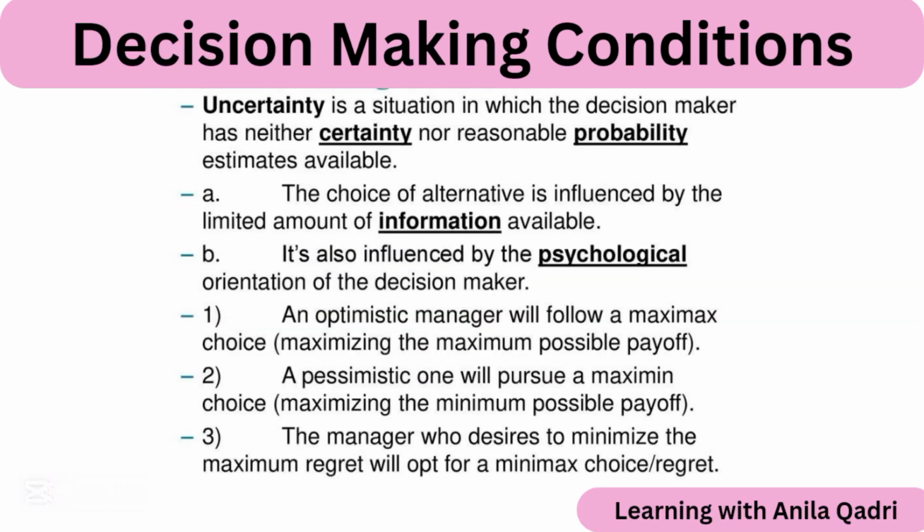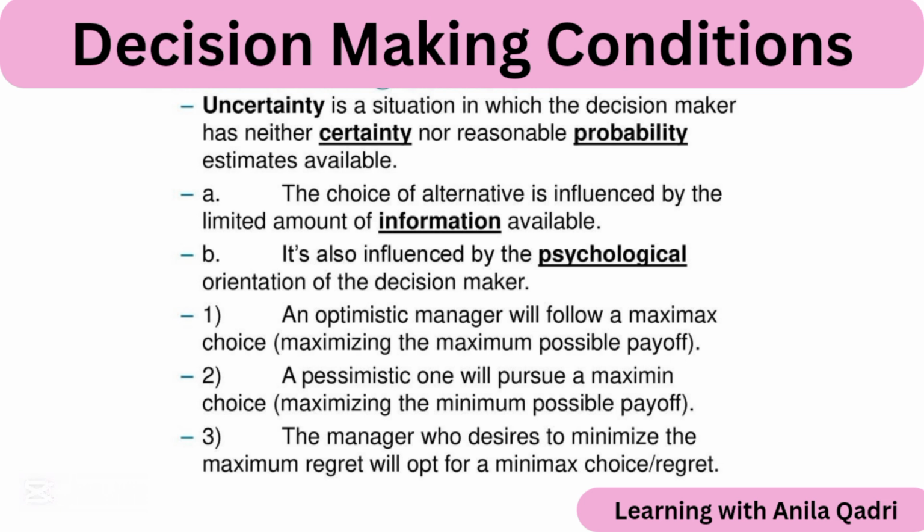Decision-making conditions. Uncertainty is a situation in which the decision maker has neither certainty nor reasonable probability estimates available. The choice of alternative is influenced by the limited amount of information available. It is also influenced by the psychological orientation of the decision maker.